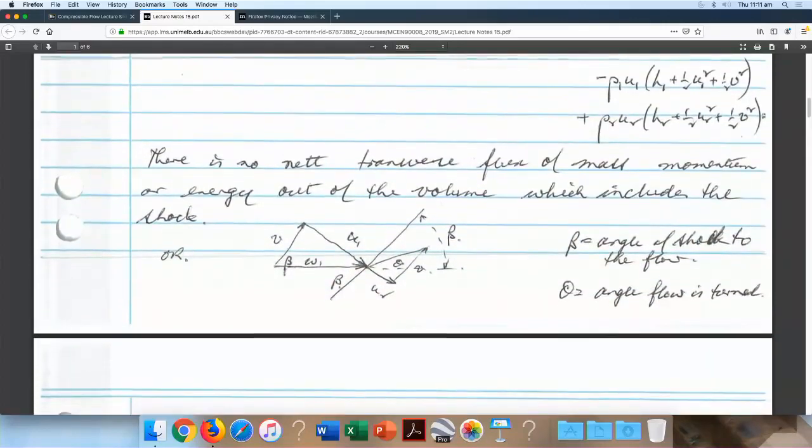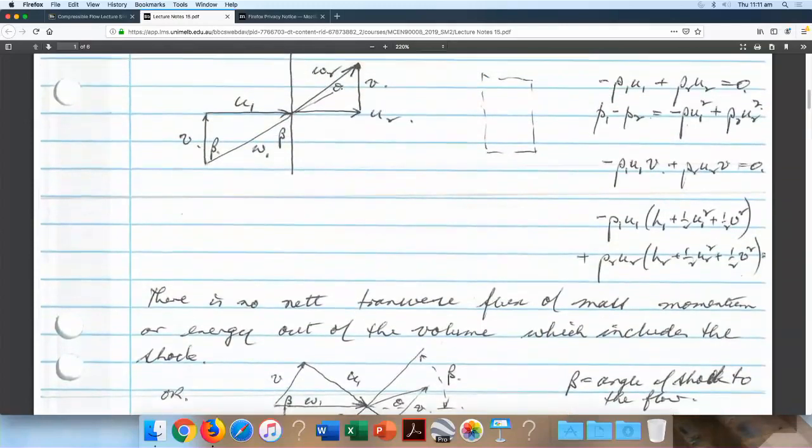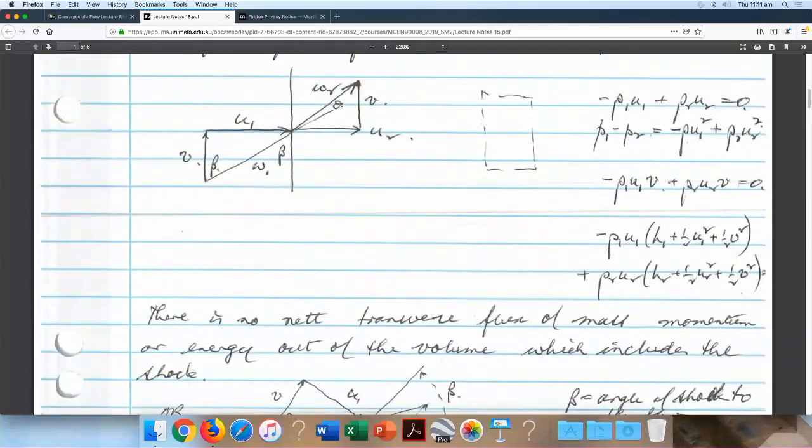So now another way to look at this figure is to see that, because I can add this velocity to this velocity, I have a new velocity, which is w, in this direction. And then the shock wave is oblique to this velocity.